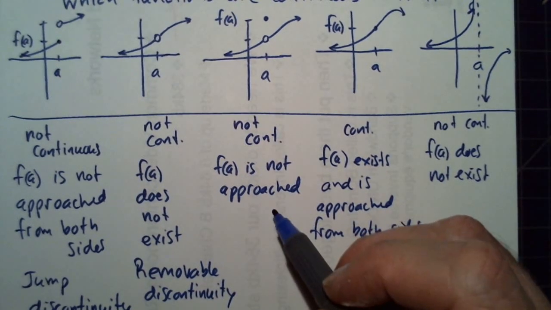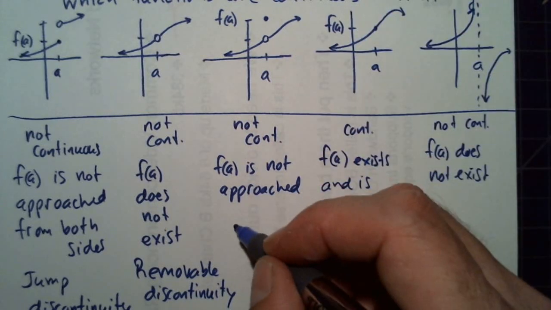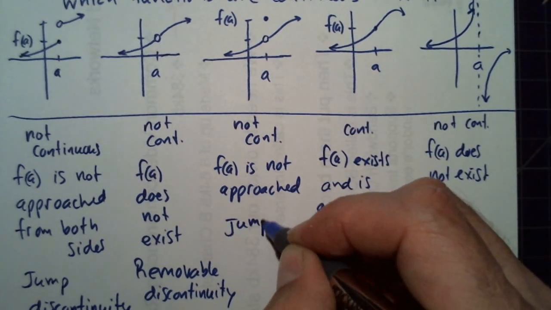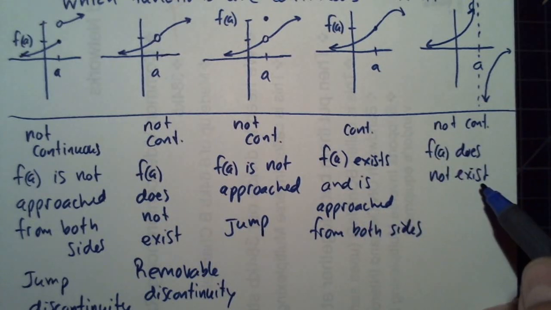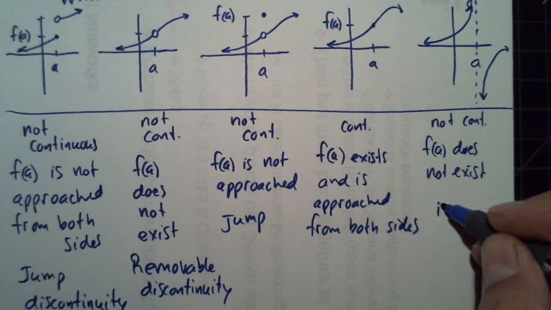And this, it jumps up, so that's a jump discontinuity. And here this is called an infinite discontinuity.